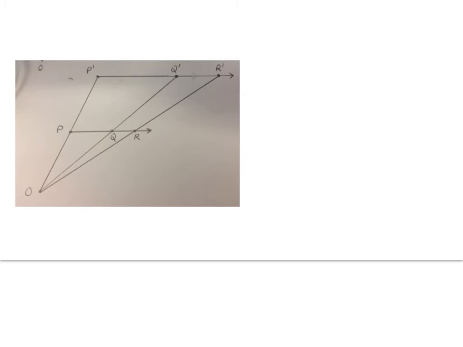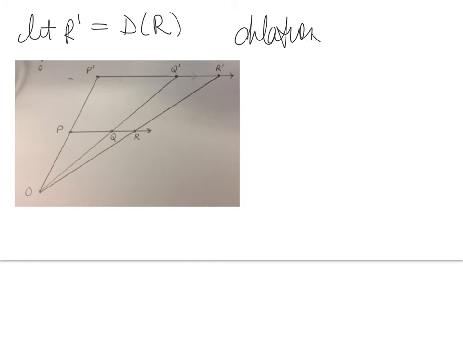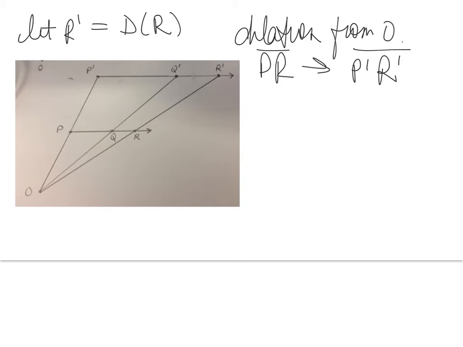Okay, so here I can say let R prime equal the dilation of R. With the dilation theorem, if we have the dilation from O, the segment PR is the segment P prime R prime.